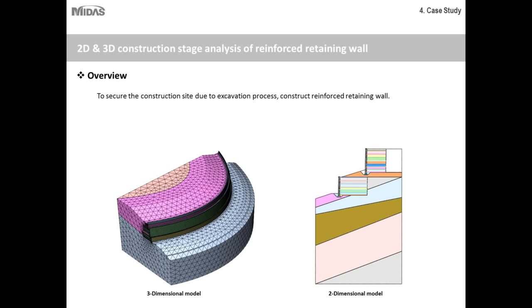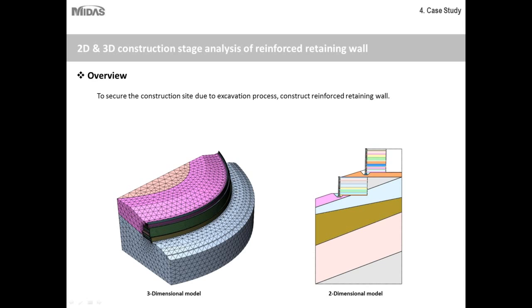But nevertheless, because this is a unique project in itself, and I'm sure most of the audience here would frequently be getting involved in projects similar to this type, we realized that it would be worthwhile to share this project with you. So this is an excavation site, and as you can see, a circular retaining wall is applied all around it.